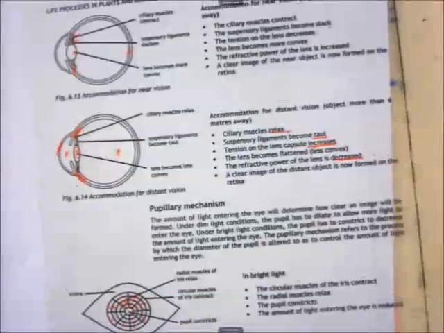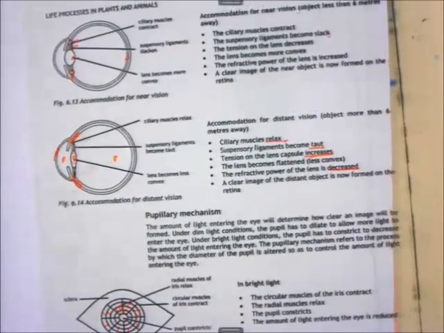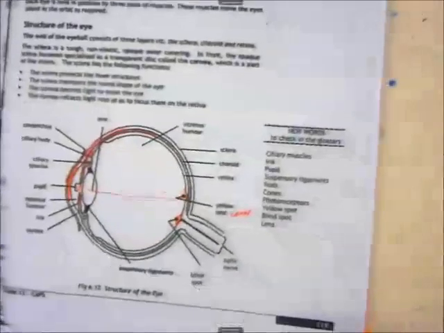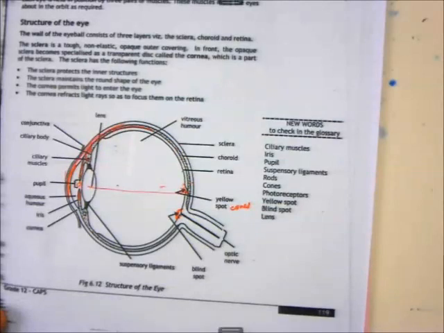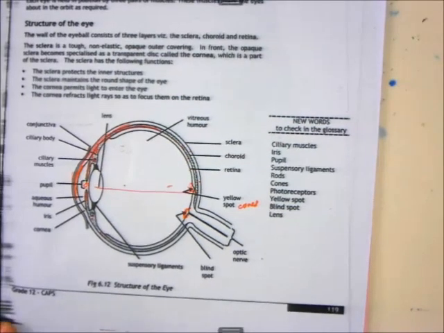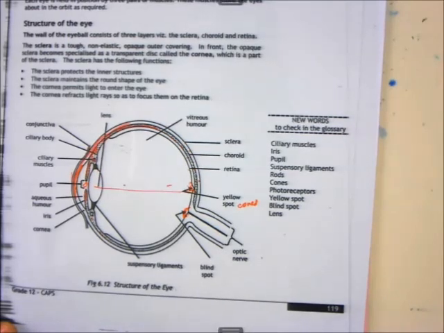So now another thing that we need to know is how seeing takes place. If you know the structure of an eye, it won't be difficult for you to explain how seeing takes place. So now here are the parts that you need to make mention of when explaining how seeing takes place.